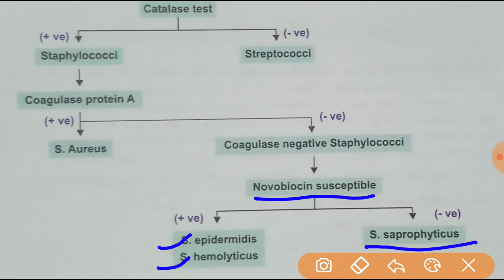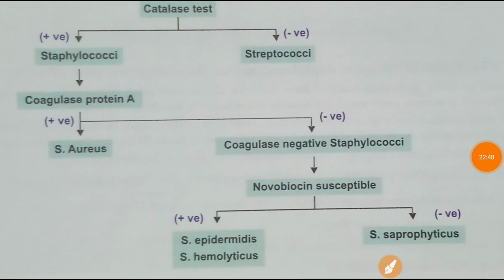So this is the idea to identify whether it is Staphylococci or Streptococci, and the organism or strain of the Staphylococcus you can easily identify by this. So you have to remember such type of topic.